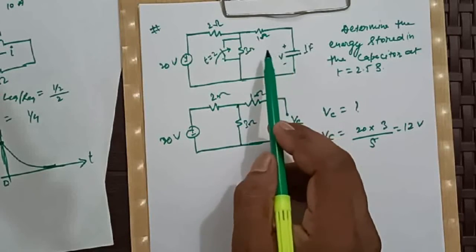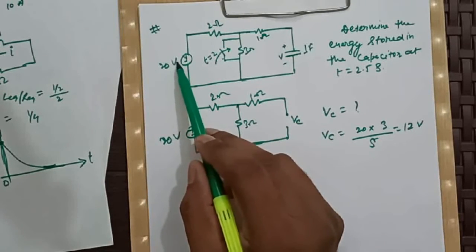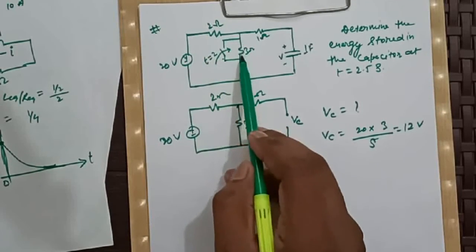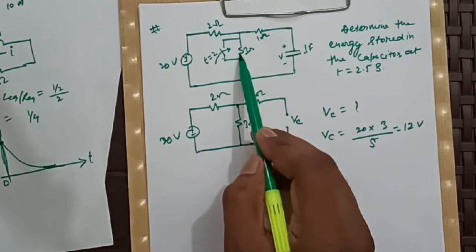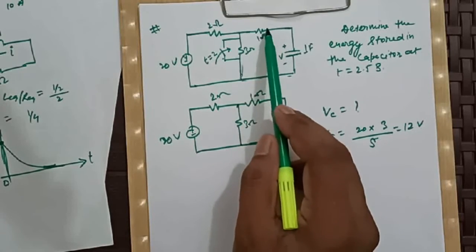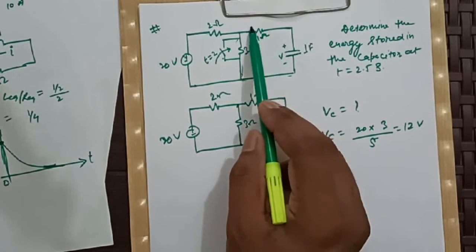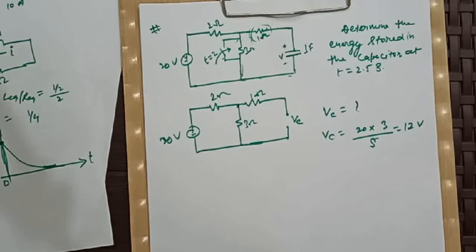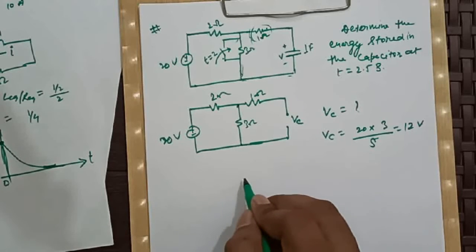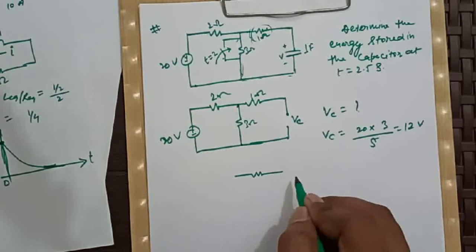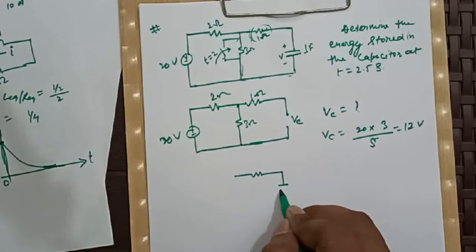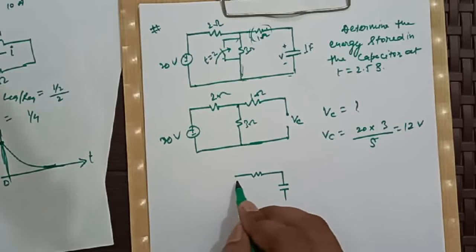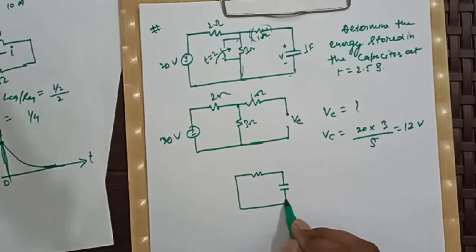Whatever current the source supplies will move through the short and return back, and the capacitor current will move through this and get dissipated in this 1 ohm resistor. So after closing the switch, the circuit will look like this: it has some stored energy. This will be 1 ohm and this will be 1 farad.